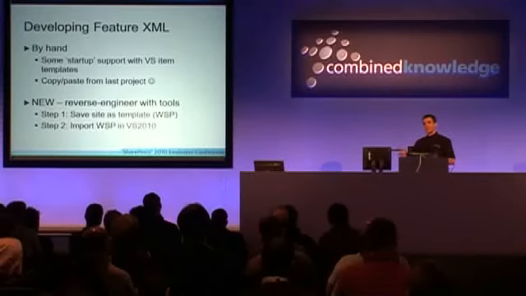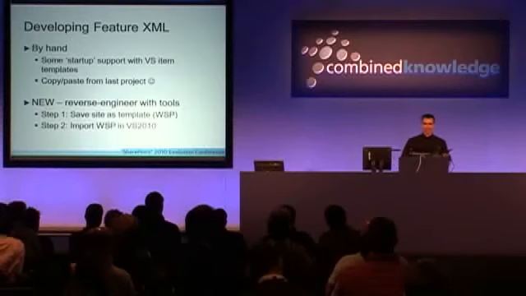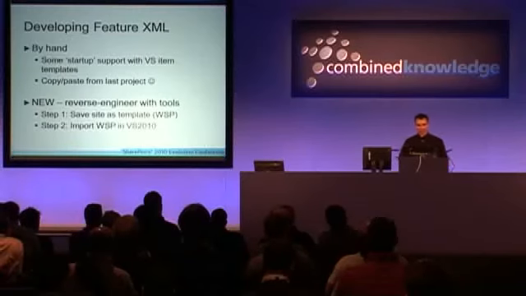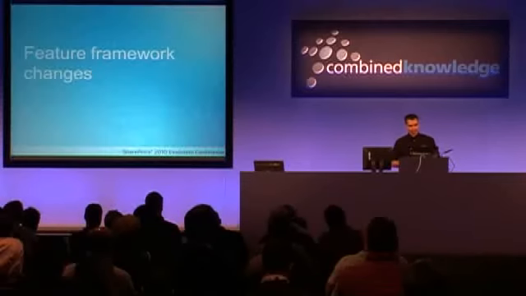We can save it as a site template, and because that now saves a WSP rather than an STP, which has gone away, we can use that WSP. Even better, in Visual Studio 2010, we can import the WSP that we just created, and it will disassemble it and create a Visual Studio project with all those artifacts. So this can be a quick way to get XML that otherwise you would have to find elsewhere.